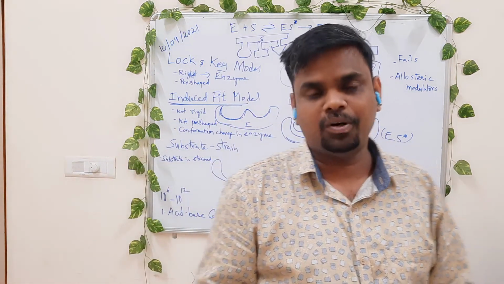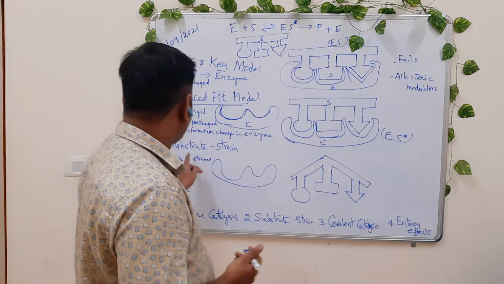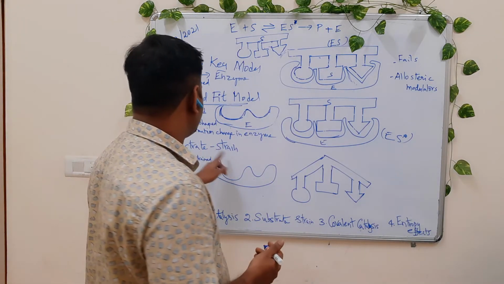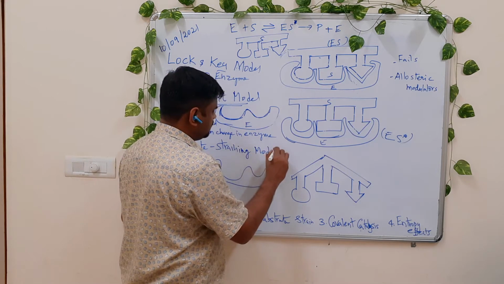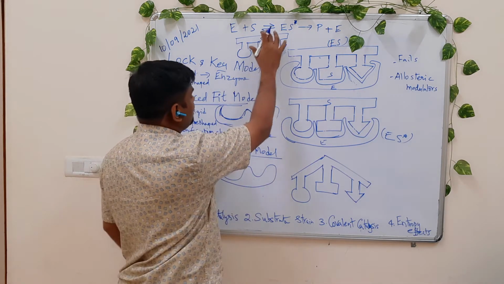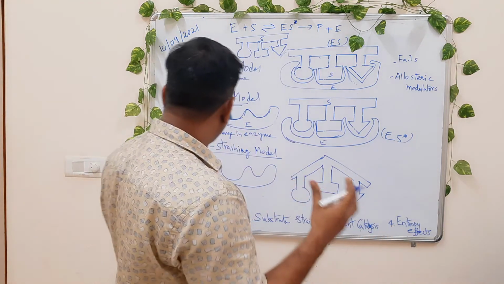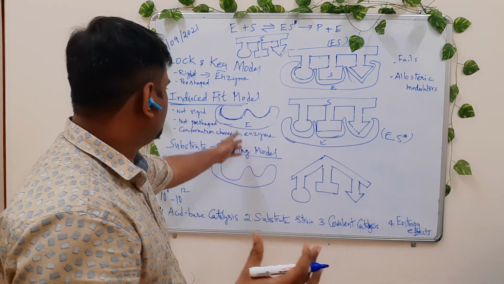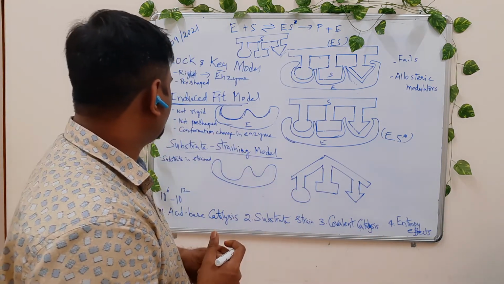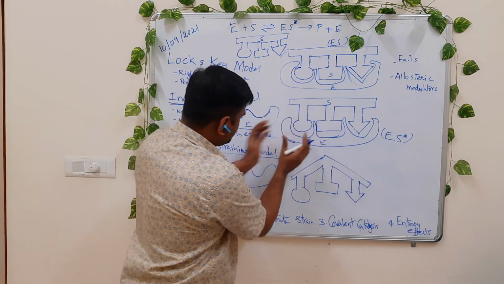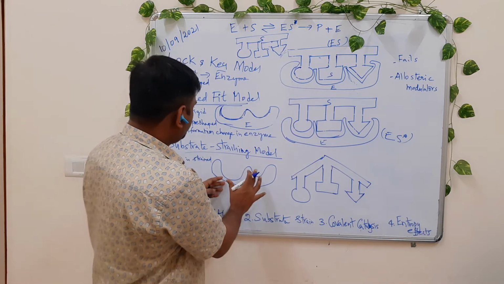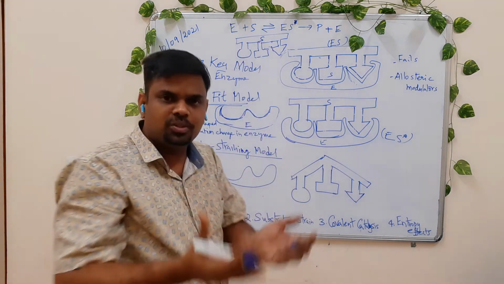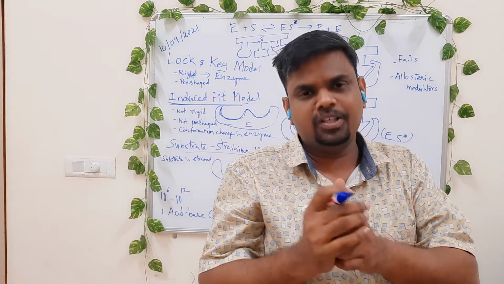Whereas we have a third model called the substrate straining model. In the substrate straining model, the enzyme is a little bit similar to the induced fit model. Not only is the enzyme giving up some fixed shape, the substrate also undergoes some strain while forming this intermediate.